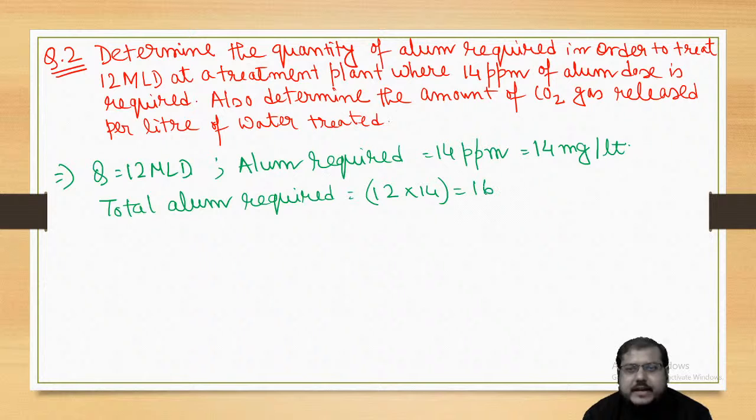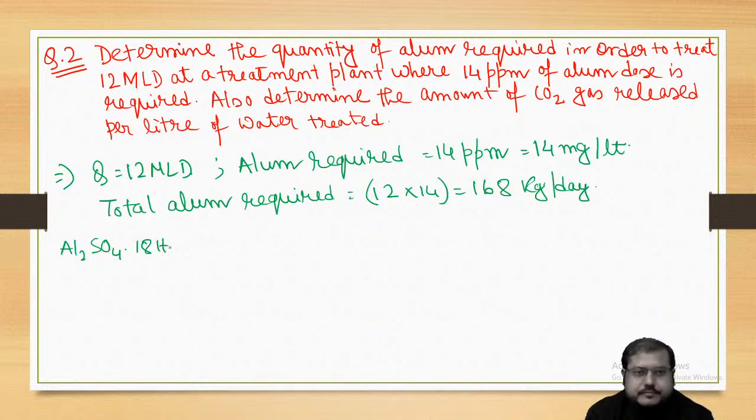Obviously it should be kg per day, right? 168 kg per day. So now they're asking what will be the amount of carbon dioxide gas released. Once again, you write down the equation. Al2(SO4)3·18H2O plus 3 calcium bicarbonate.